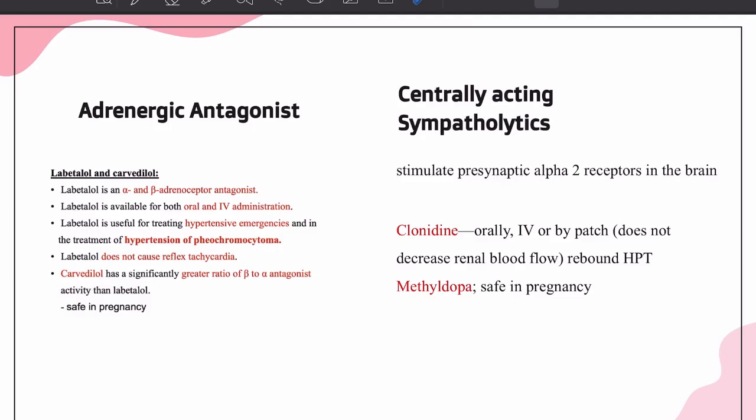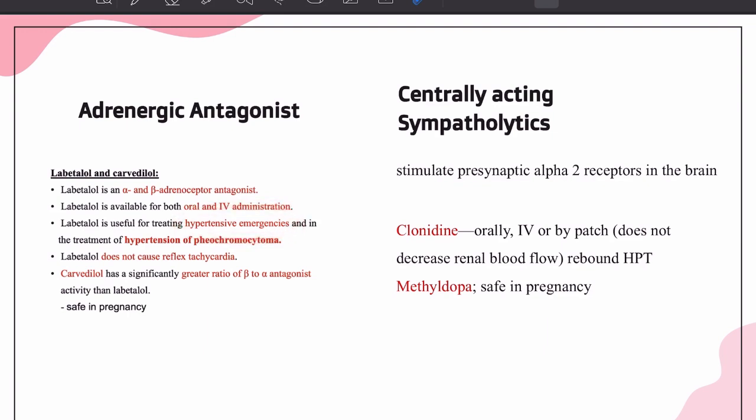Where do we usually use them? We usually use them in pheochromocytoma. So, most of the time, if a question is asking you about pheochromocytoma, you will likely see labetalol as an answer in your options. Also, remember, it's used as an IV drug. If we have an IV drug administered, then it's usually used in emergencies.